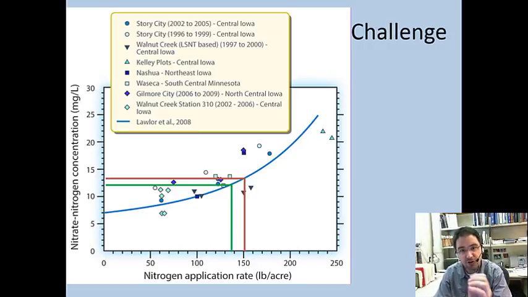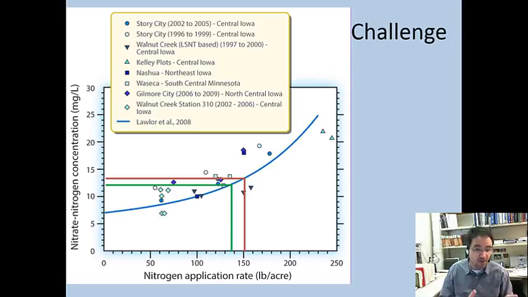Now, if we reduce that application rate to, we'll say 135, we see our estimated flow-weighted annual nitrate concentration is about 12. So we get a little over maybe 10 to 15% reduction, probably closer to 10% reduction in flow-weighted annual nitrate if we reduced that application rate to what at least some would consider a recommended level, which is the maximum return to nitrogen.